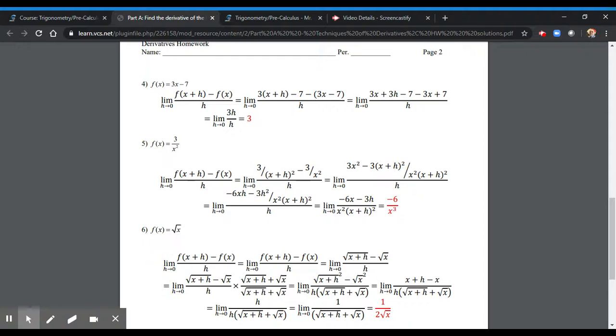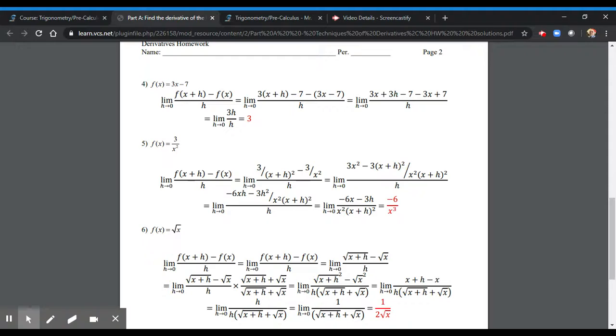I'm left with 3 times 2xh, which is minus 6xh, minus 3h squared, all divided by this common denominator of x squared times x plus h squared, all divided by h still. Okay. Well, look what happens. This h cancels out with one of these h's, and I'm left with negative 6x minus 3h all over x squared times x plus h squared.